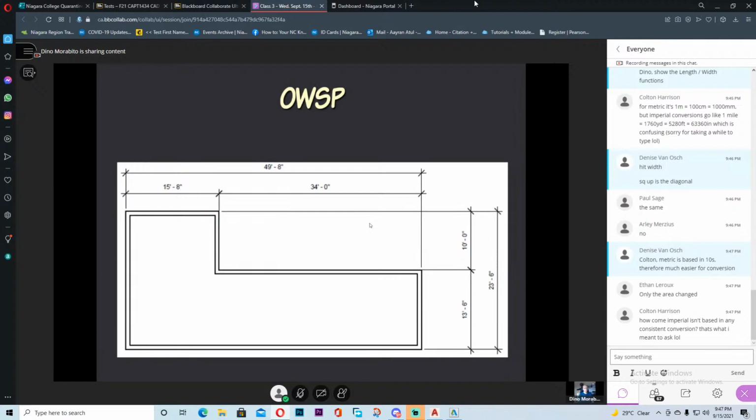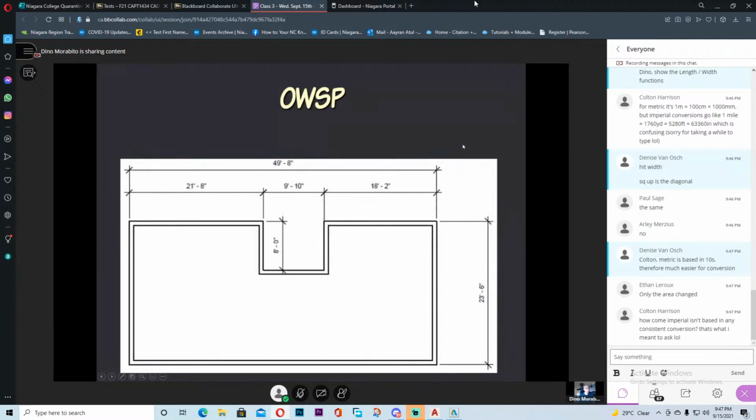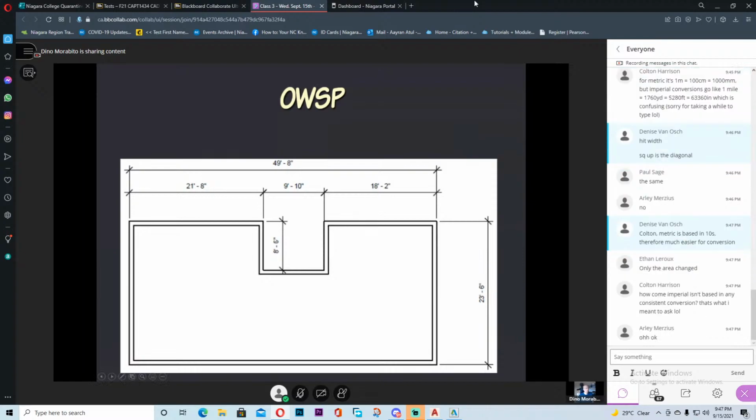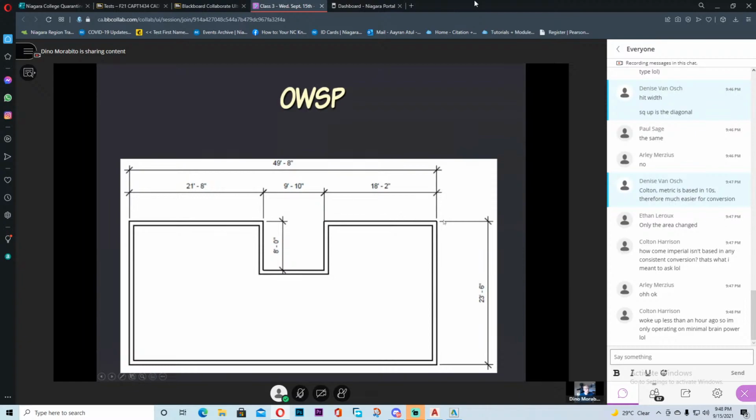Okay. There is a situation where that perimeter will change, and it's when I have something like this. And we're going to call this a recess. It's a recess in the building. You can see my 49 foot 8 inches is the sum of all the horizontal dimensions across here, but nowhere have I accounted for this 8 feet.